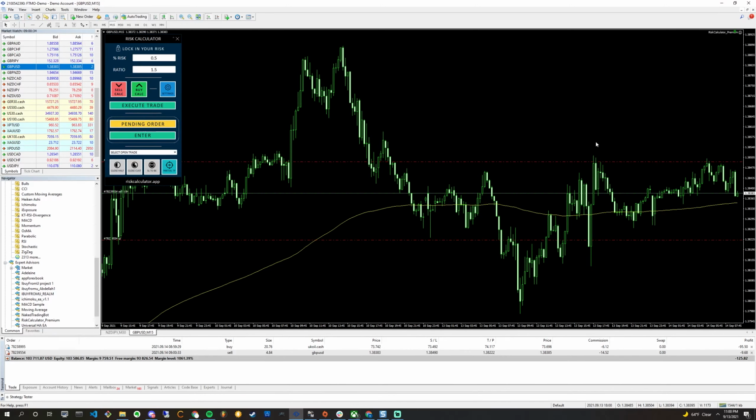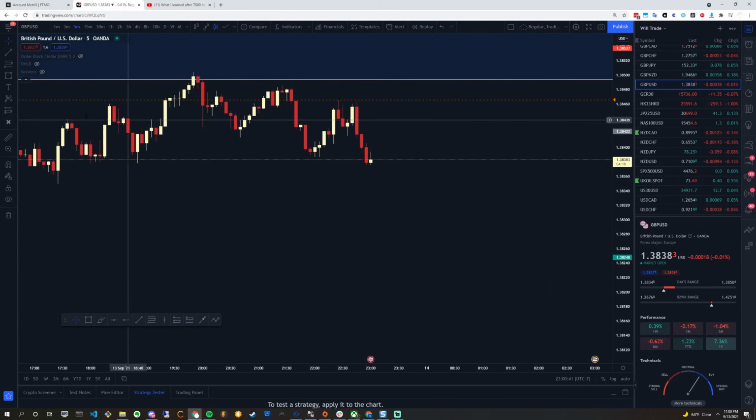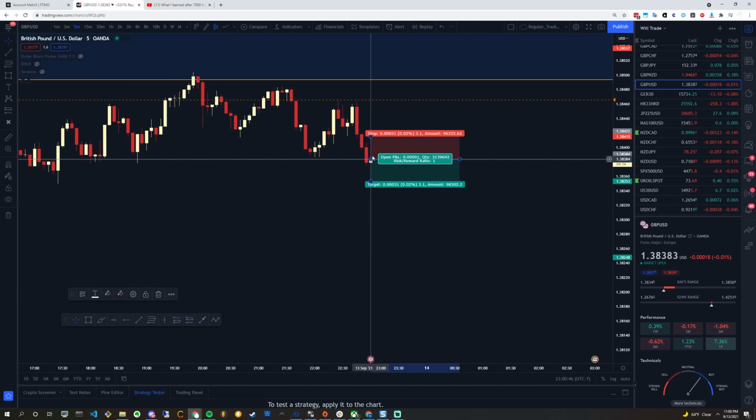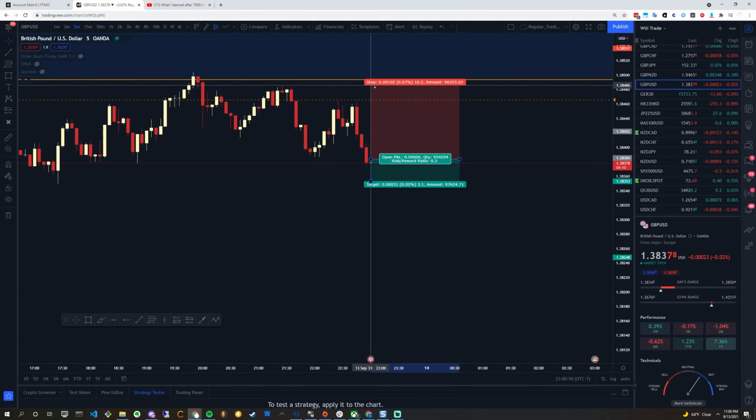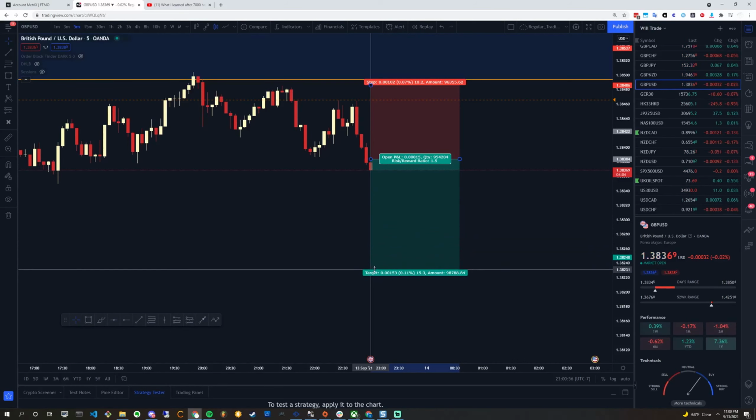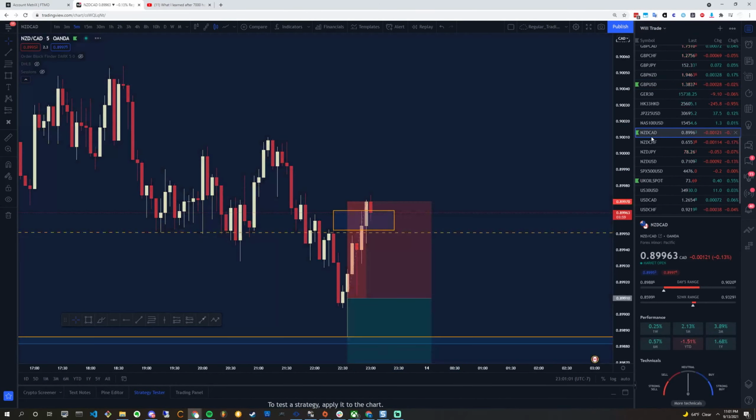Little 10 pip stop loss. I probably should put it a little bit higher, above these wicks here. But let's see what we got. Meta criteria: I've been entering on the break of the low a lot, but we really gotta break out of that habit. 10 pips, and we'll go 1 to 1.5, which is down here.